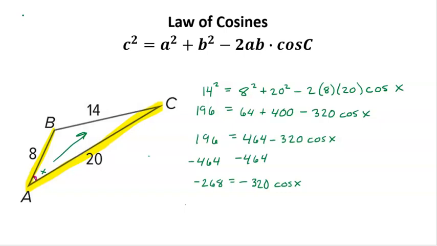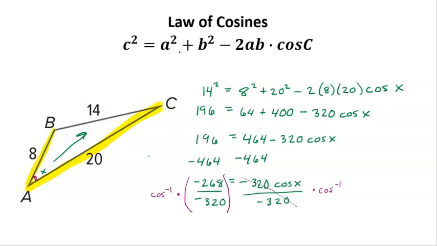Now from here, to get cosine x by itself, I'm going to divide both sides by negative 320. I know that this is going to get rid of this, but to get rid of that cosine, I need to do the inverse.